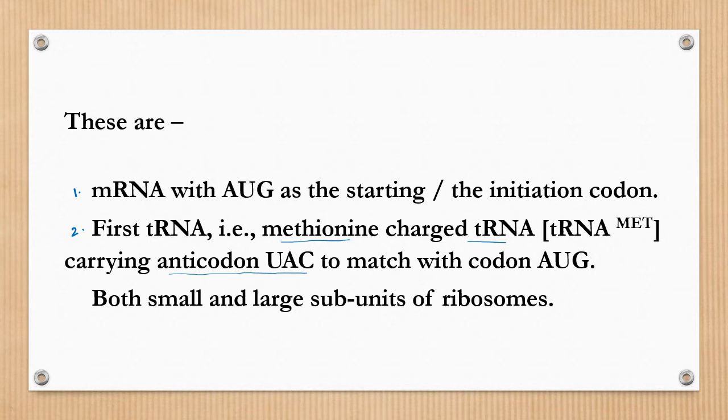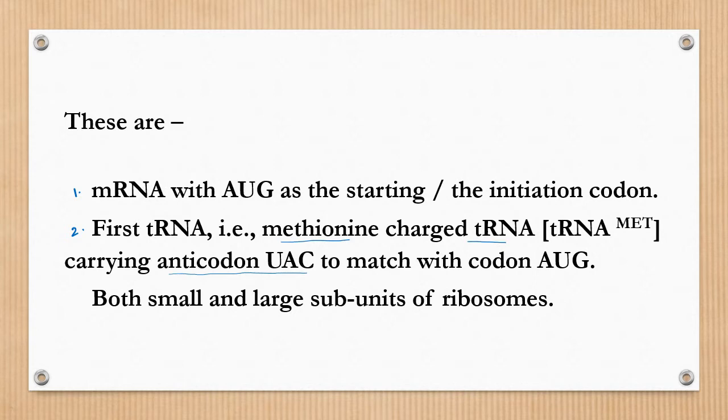The first tRNA, as we already studied for the adapter molecule, has at one end a site for amino acid attachment, and at the other end the anticodon loop or anticodon region. That anticodon is complementary to the mRNA.